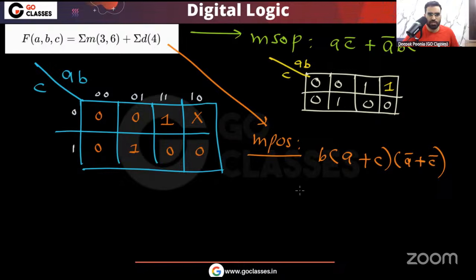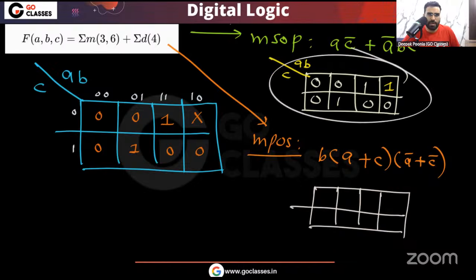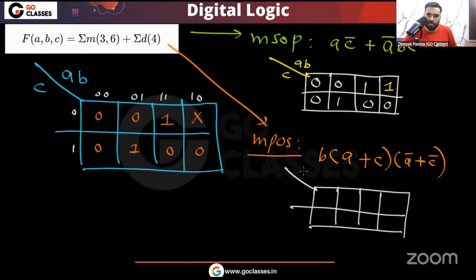Okay. So this is the minimal POS, and for this minimal POS, if you draw the K map, that will be different from this K map, and the difference will be in the position of don't care. Everything else is the same, but here this will be 0. So very easily you can see that these expressions are not logically equivalent, right?